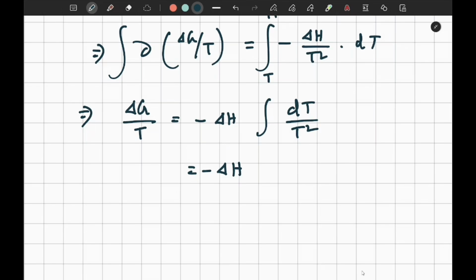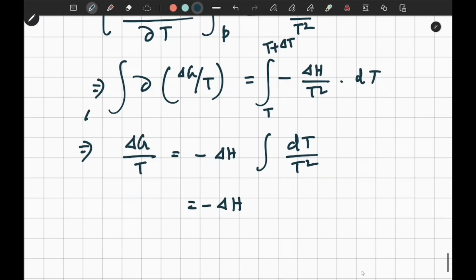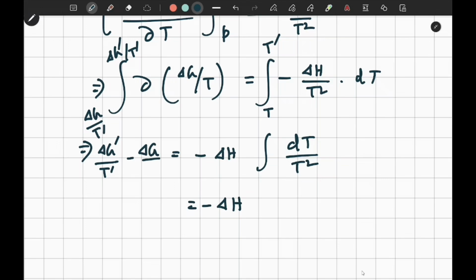When you are integrating this, it is actually delta G by T, so it is T prime, so it will be delta G prime by T prime. So let me write it explicitly, otherwise it will be mistaken. Correct? So this is the case.